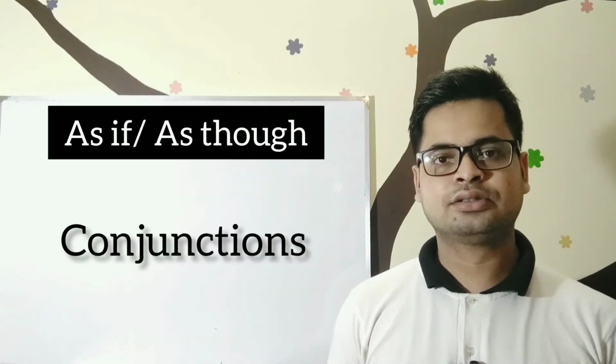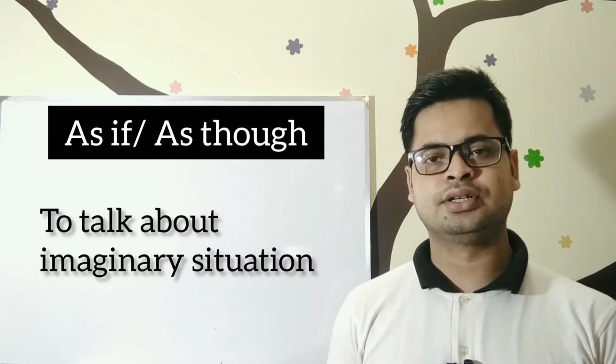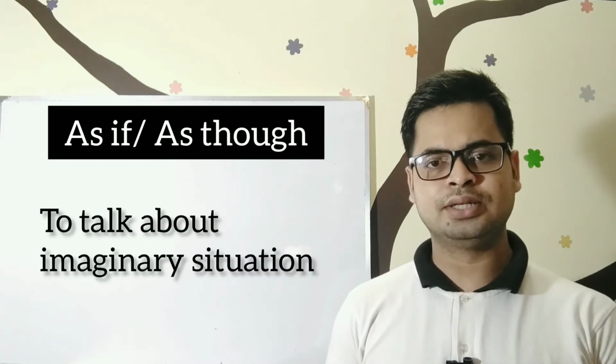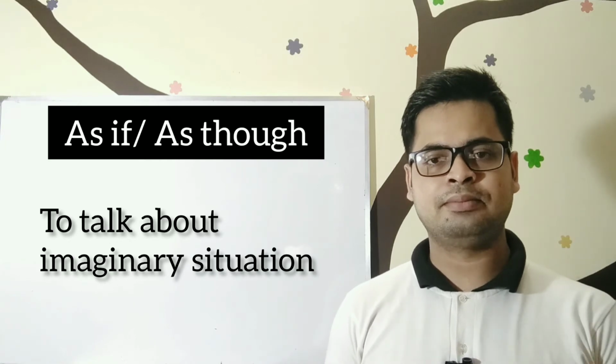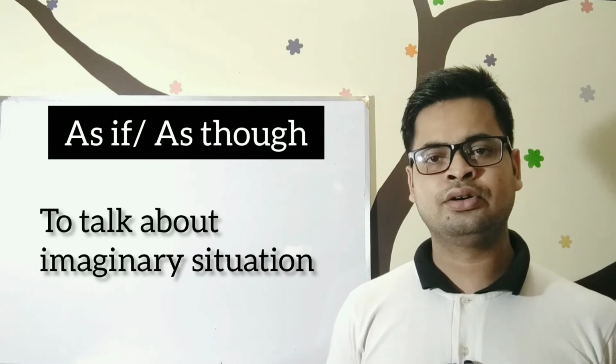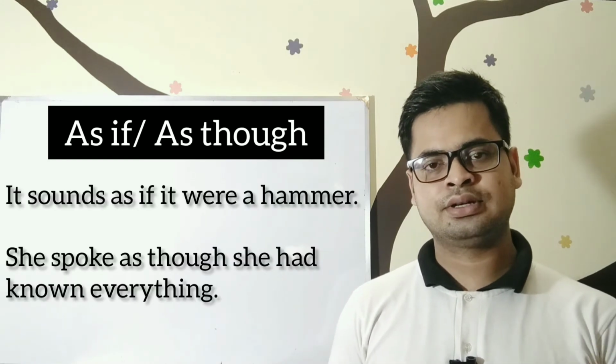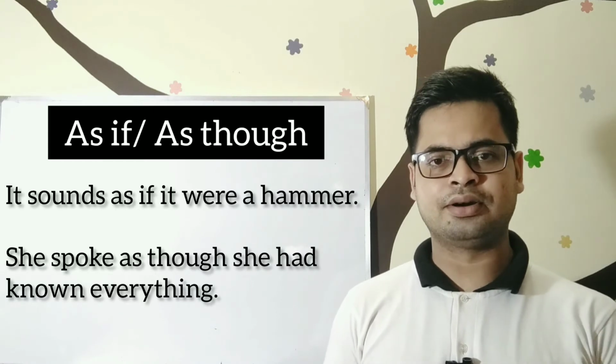As if and as though are conjunctions, which we use to talk about a situation, how it seems to be. This type of situations are mainly imaginary. So for examples, it sounds as if it were a hammer.